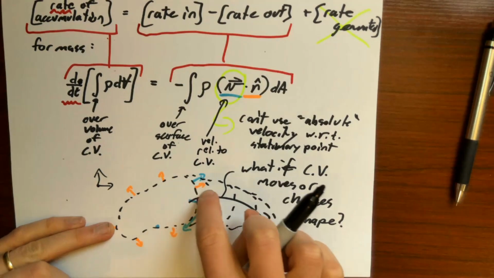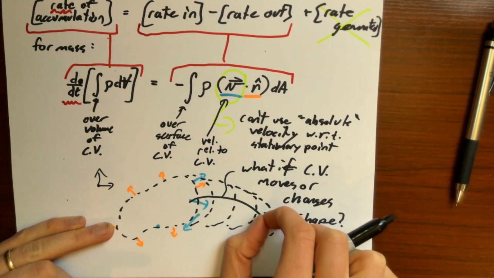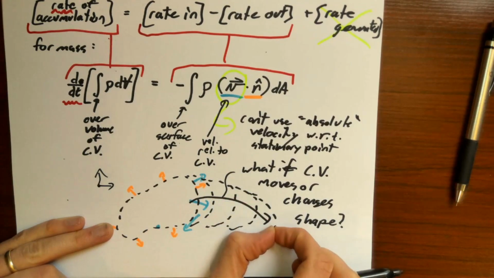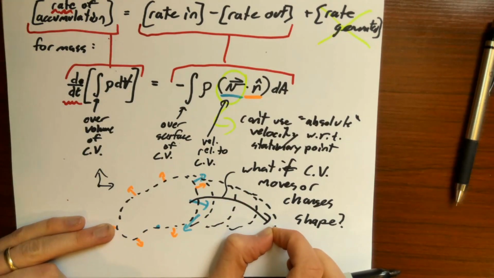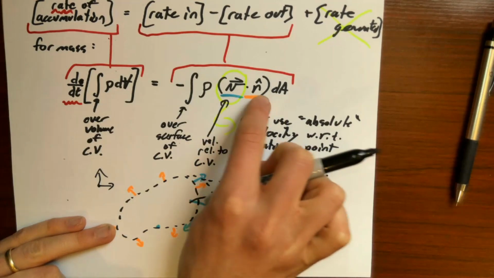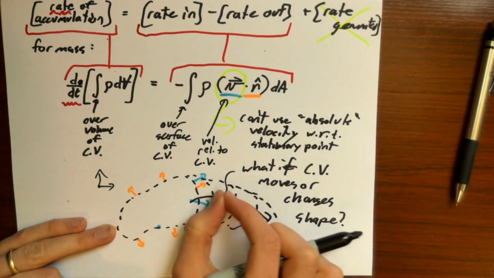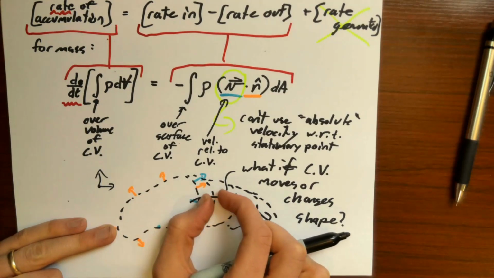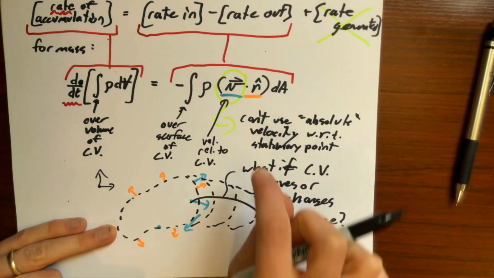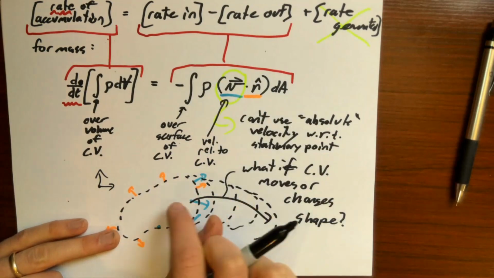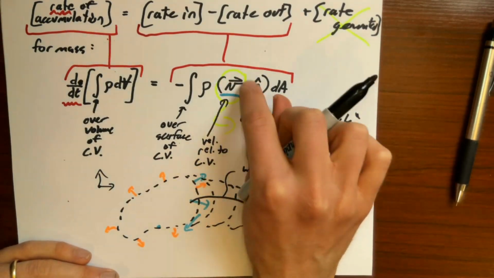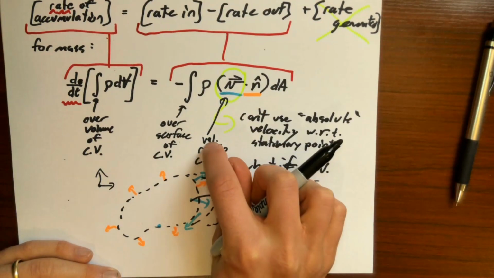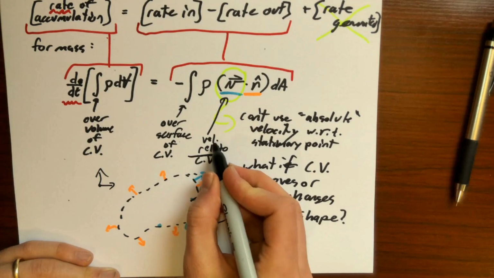If the control volume is moving in such a way that the velocity is also moving exactly with that control volume, then we don't really have any flow going into or out of the control volume. If the velocity and the control volume are moving along exactly with one another, we don't have flow entering or exiting the control volume. So in this case, v dot n would be 0 if we consider the relative velocity.